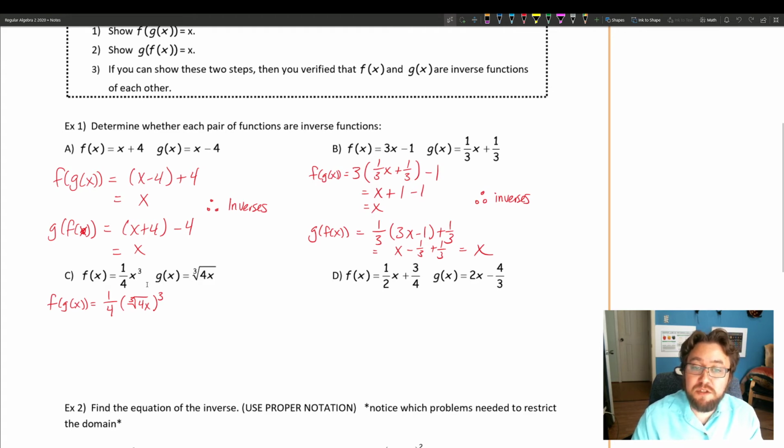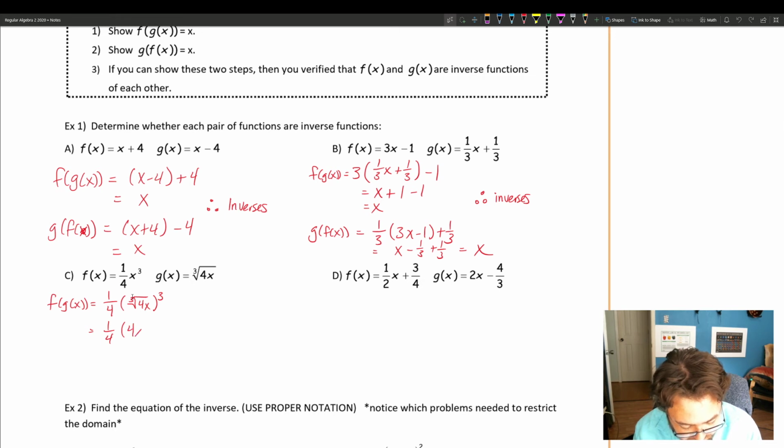We're going to do a little bit of PEMDAS here. We've got exponents. This exponent and this third root cancel each other out. So we get 1/4 of what's inside of there, 4x. And 1/4 times 4 is 1. So I end up with just an x.